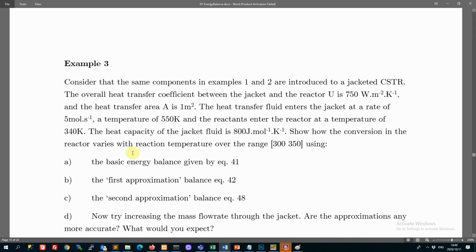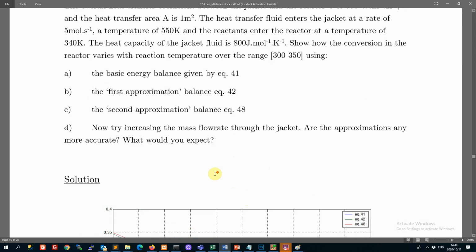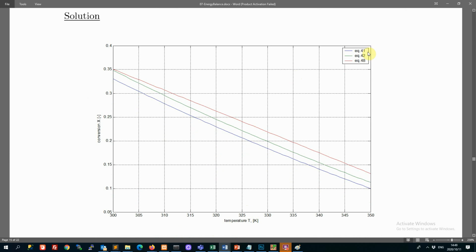In this example, we actually go ahead and estimate how good those approximations are. So sometimes you can go back and check the implication of making those approximations. And so here I'm plotting those equations at different stages of assumptions, and you can see they are fairly close.